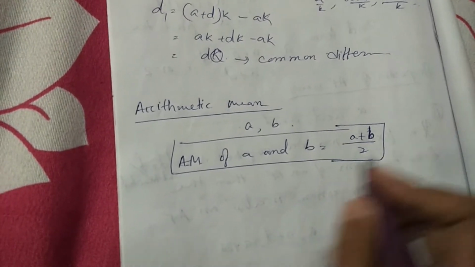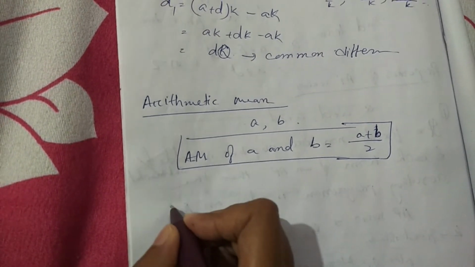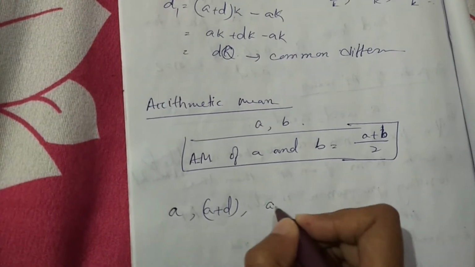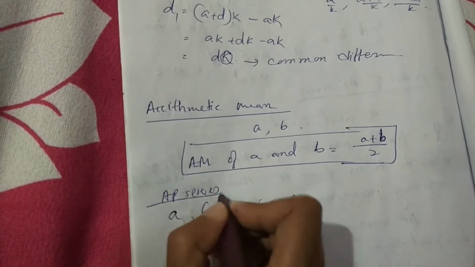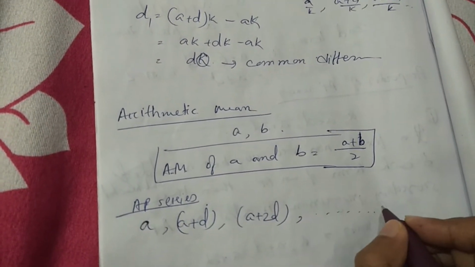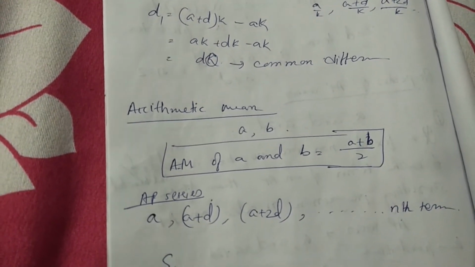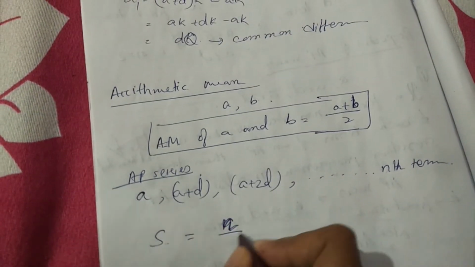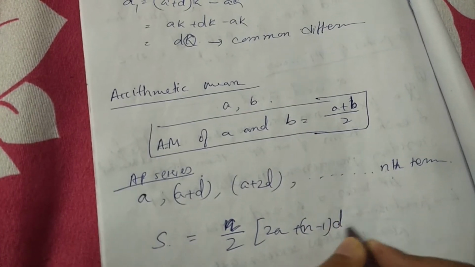Now the sum of an arithmetic progression. Suppose the AP series is a, a plus d, a plus 2d, like this, up to the nth term. The sum of all these terms is denoted by S. It is nothing but n by 2 into (2a plus (n minus 1) into d).